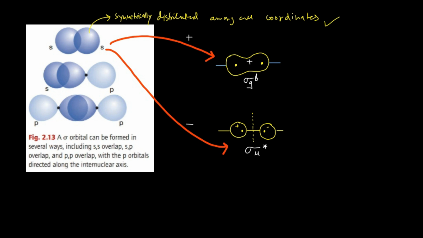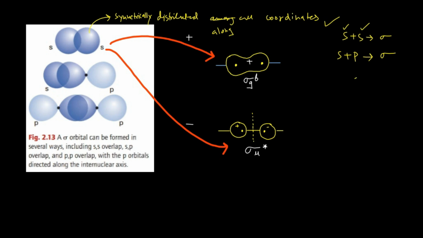So when an s orbital combines with any other orbital, for example if s combines with an s orbital, it will always form a sigma bond, because it is cylindrically symmetrical along all the axes. And when s combines with p, it will also form a sigma bond. So s will always form the sigma bond.